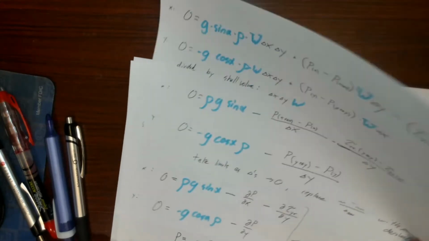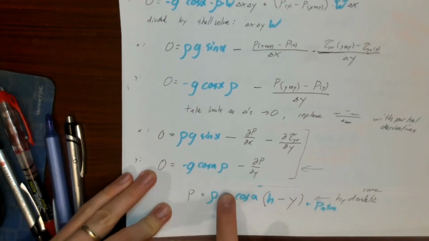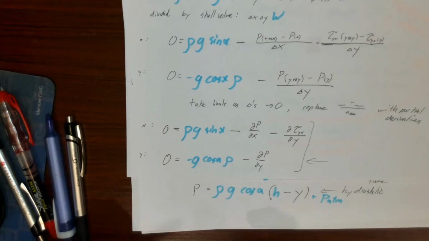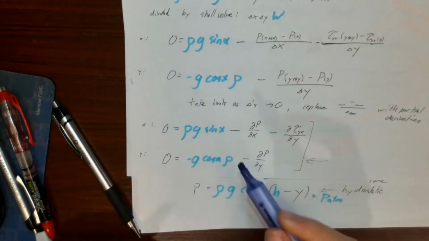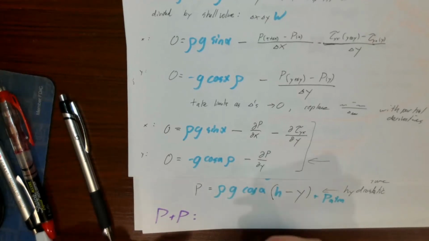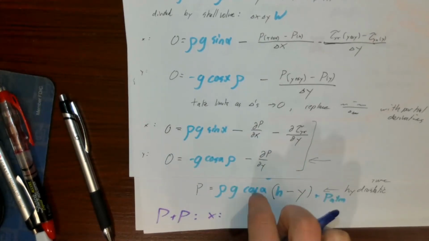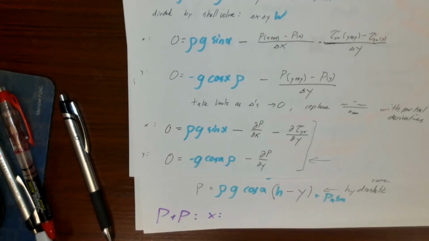So if I want to take this pressure equation and sub it into x momentum, pause and ponder. What do I get for my x momentum equation once I sub this expression for pressure in here?